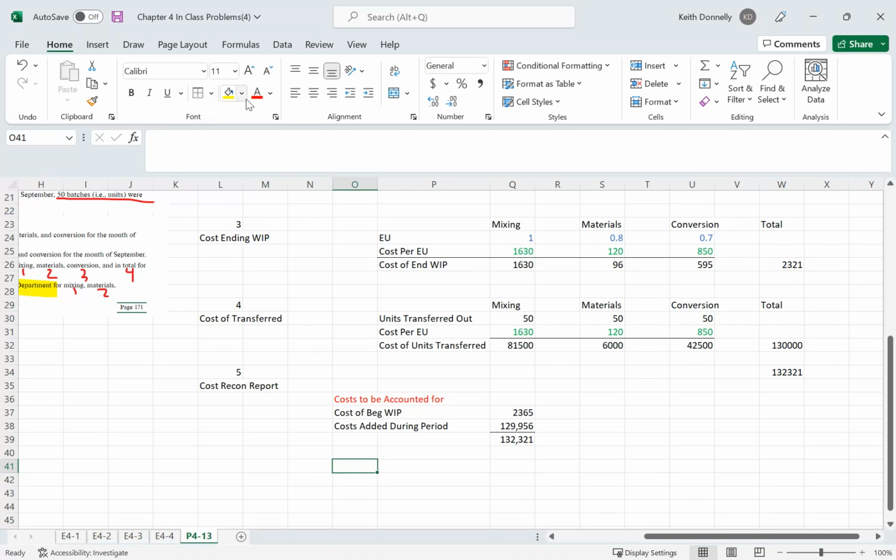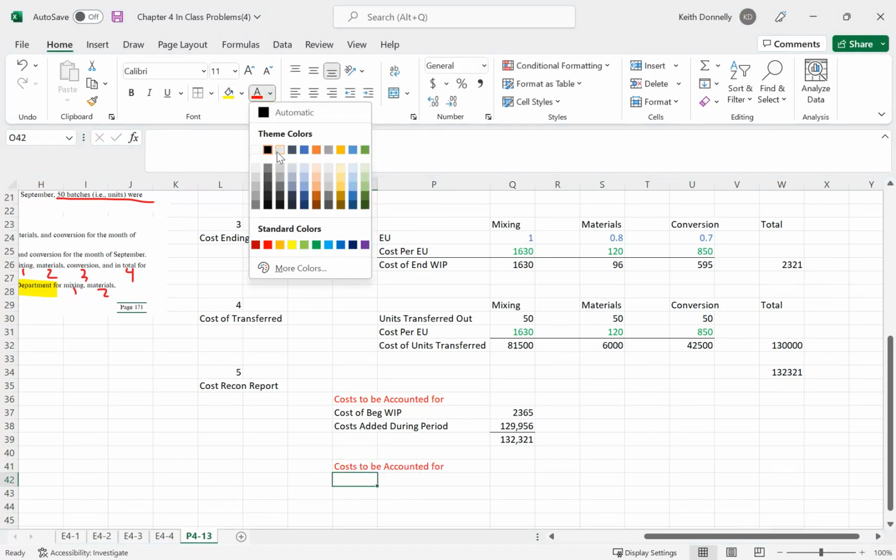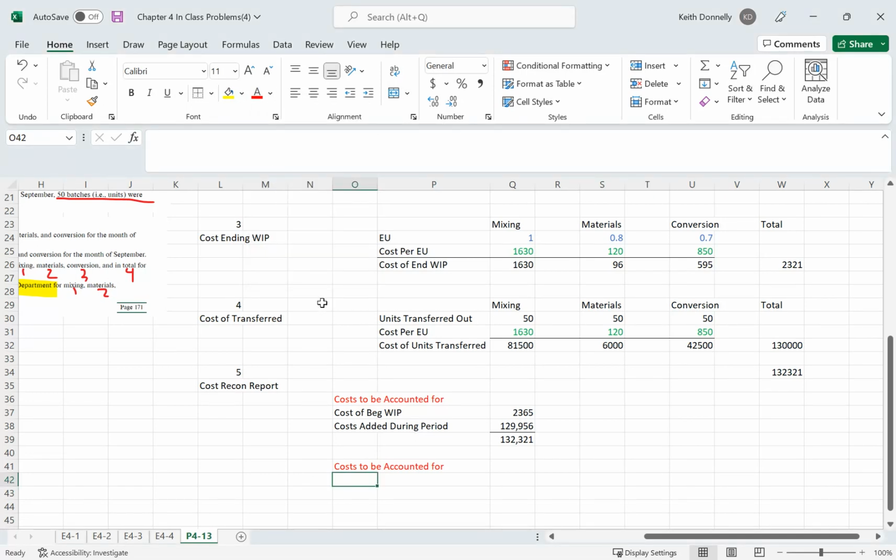Likewise, we've got to reconcile this side here. We have to do the costs of our ending WIP and the cost of the items transferred out.